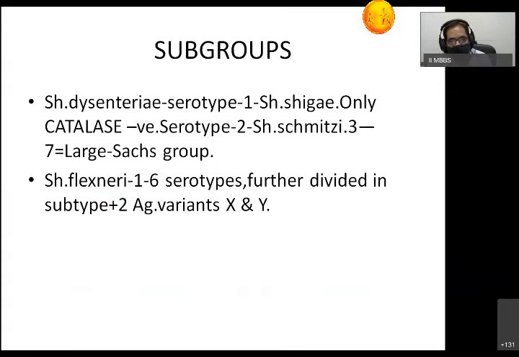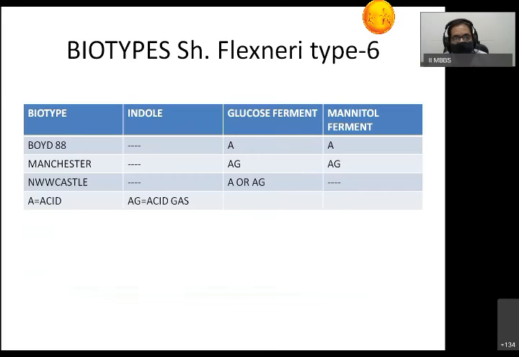Shigella dysenteriae has serotype 1, that is Shigella shiga, which is the only catalase negative. Serotype 2 is Shigella schmitzii. Serotypes 3 to 7 are the large-sized group. Shigella flexneri has serotypes 1 to 6, further divided into subtypes, with 2 antigen variants, X and Y.